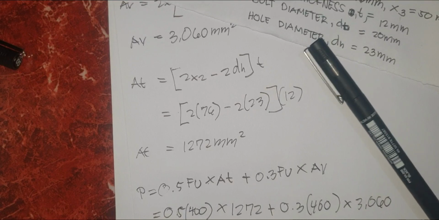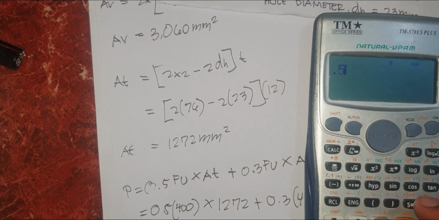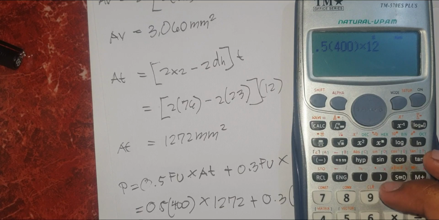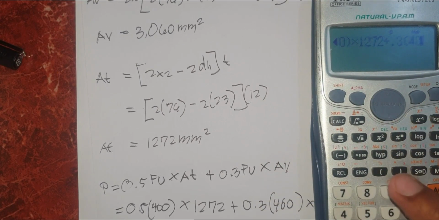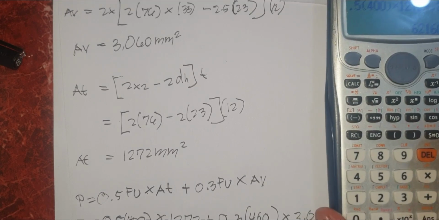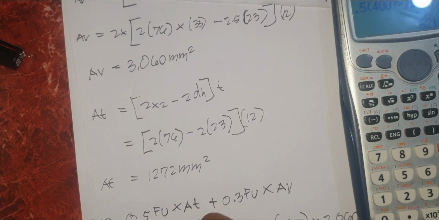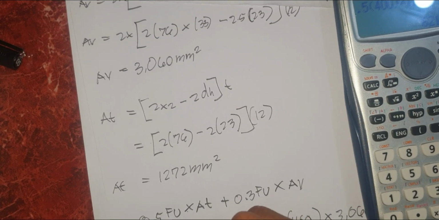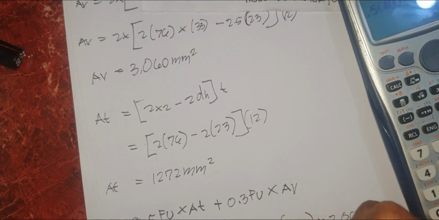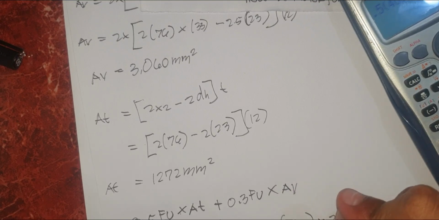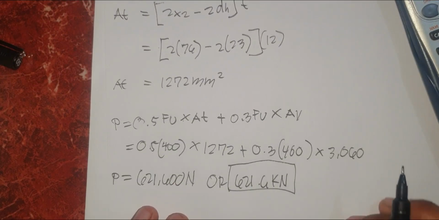So P equals 0.5 times 400 times 1272 plus 0.3 times 400 times 3060 equals 621,600 Newton, or 621.6 kilonewton. That is our part 1.